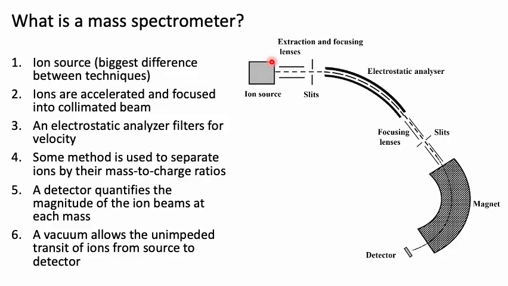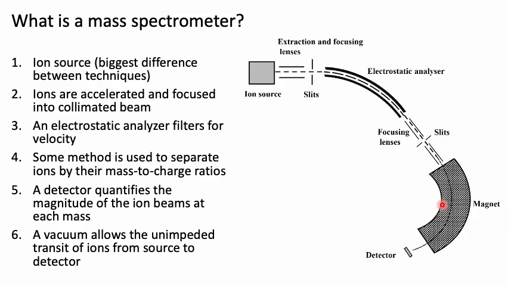They need to be accelerated and focused into a beam that we can work with, and that's what these extraction and focusing lenses with the slits do. There is usually some kind of electrostatic analyzer that filters for their kinetic energy, or really filters for their velocity. There is usually some method used to separate out the ions by their mass to charge ratio.